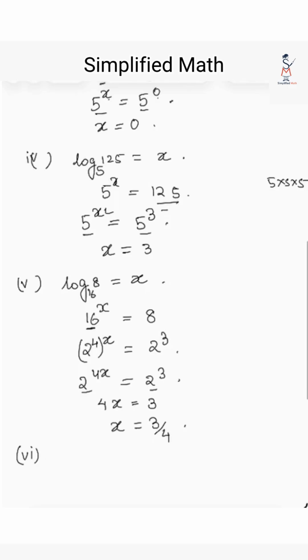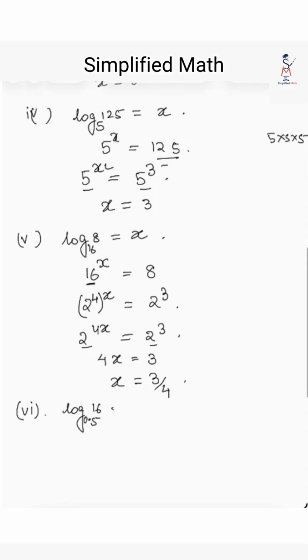Now we'll see the sixth one. Log 16 to the base 0.5. So what we will do here, again let it be equal to x. Fine. So now 0.5 to the power x is equal to 16.